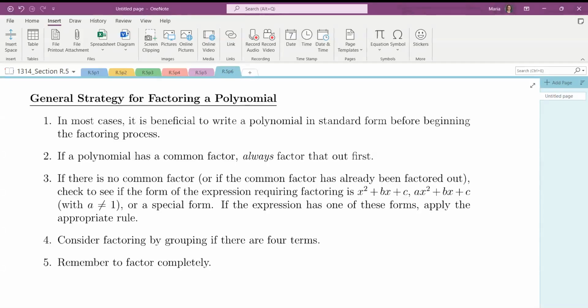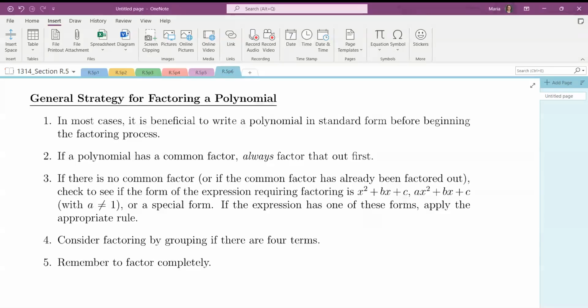Maybe one of the factors that's left is of the form x squared plus bx plus c, and then you would follow that technique. Or maybe you've got an ax squared plus bx plus c, and then you would follow that particular technique. Or maybe you've got a special form. So at that point, you're checking each factor. Okay, can it be factored further? You would apply the appropriate rule.